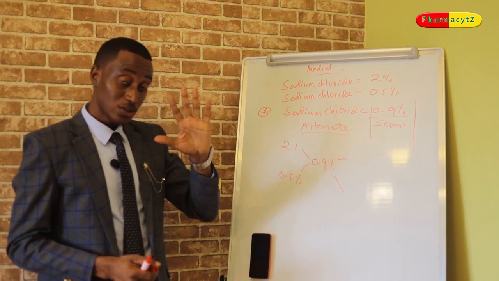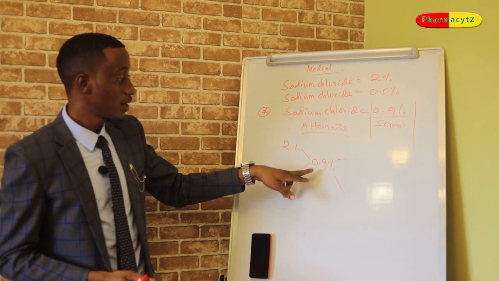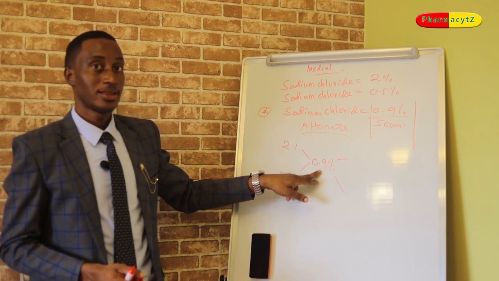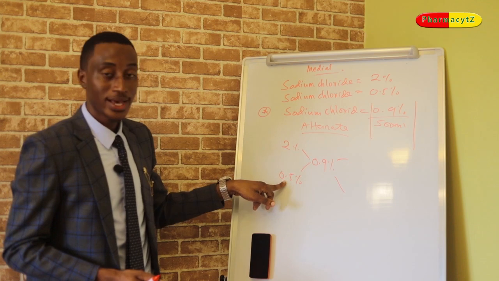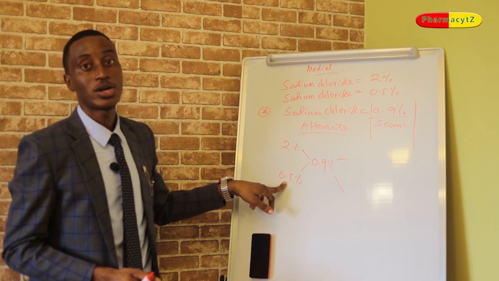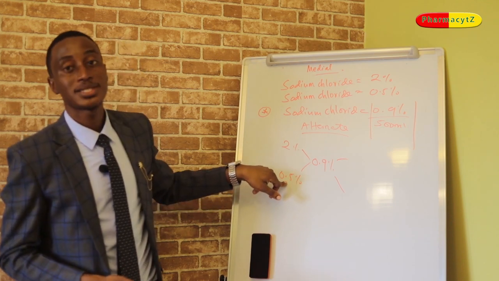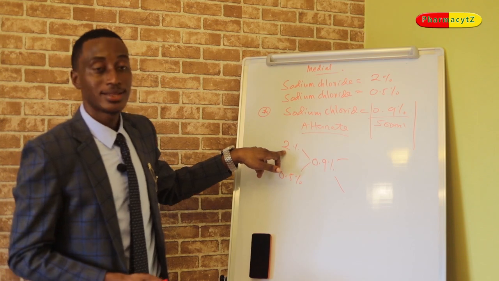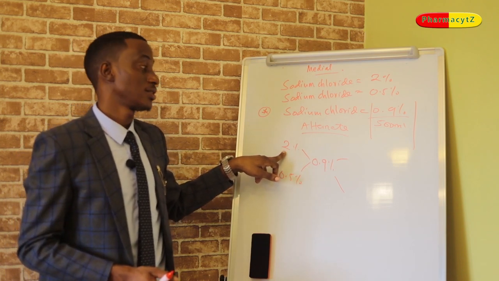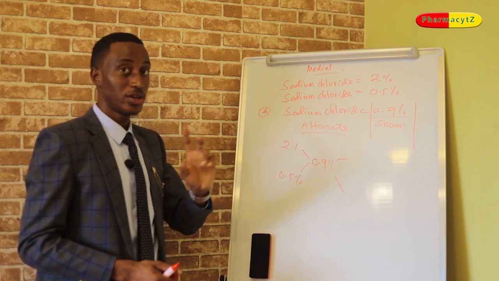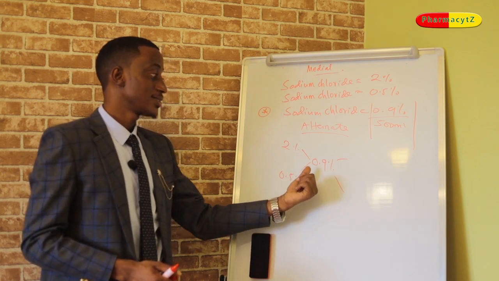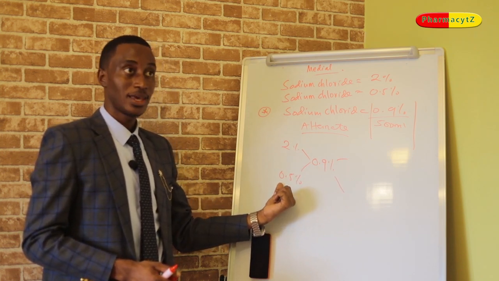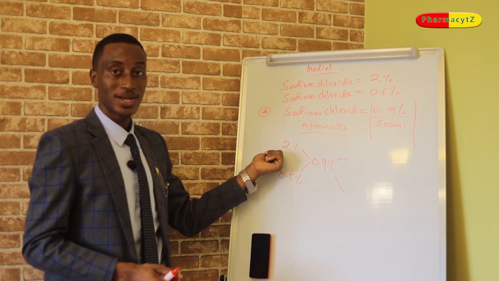The required concentration must be stronger than the weakest concentration of one of the components and must be weaker than the highest concentration of the components. So 0.9 is greater than 0.5 and is less than 2%.